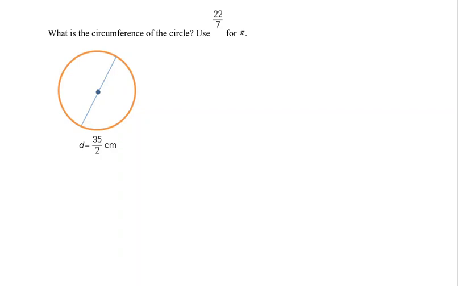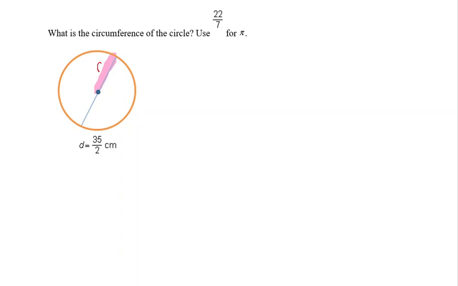There are two common formulas that we use for circumference because one of the formulas uses the diameter and one of the formulas uses the radius. If you look at a circle, the distance from the center to one edge is called the radius.